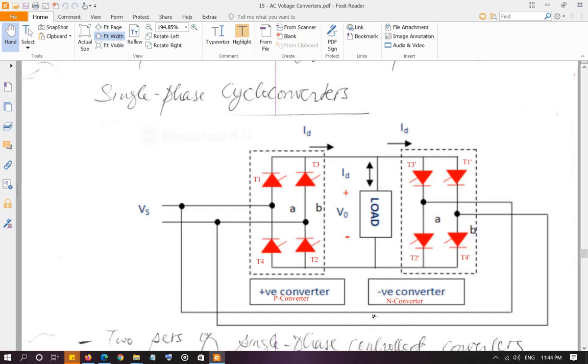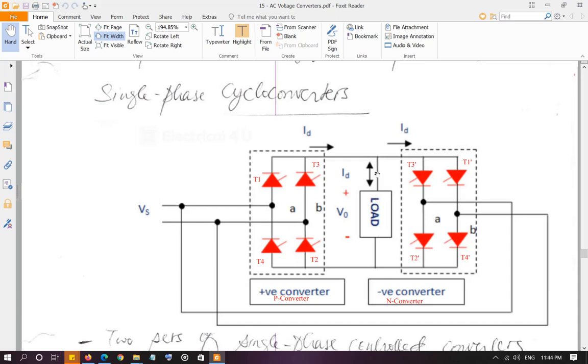Okay, now for the second input cycle, we went ahead and we fired T1 dash and T2 dash. So current is going to take this route, right here, T2 dash through load. Now it is going through load from bottom to top.